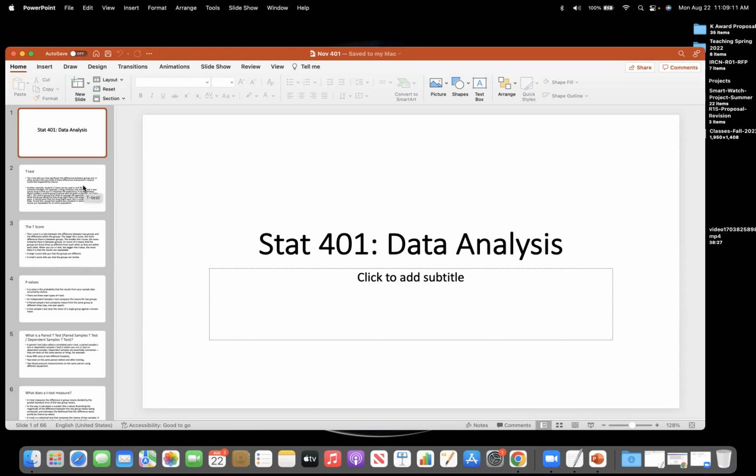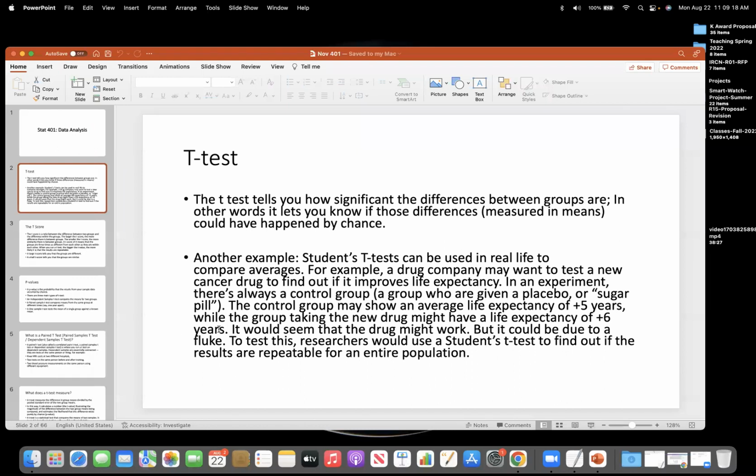So this is the first class and I want to jump into the t-test, right? So first, if you look into the syllabus, there you'll find the topics which we need to discuss for this class. And one of the topics is t-test.